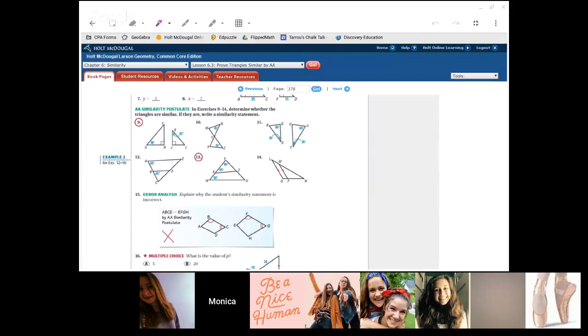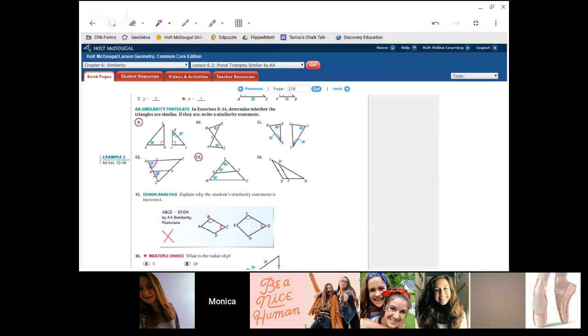So, Lily, on number 12, you need to determine if they are similar, and then if they are, write a similarity statement. So, we see here that we have this angle and this angle. Those are congruent, right? Do you see any other angle in those two triangles that you could say is congruent? Well, we don't know angle E and D for sure, but check out those.